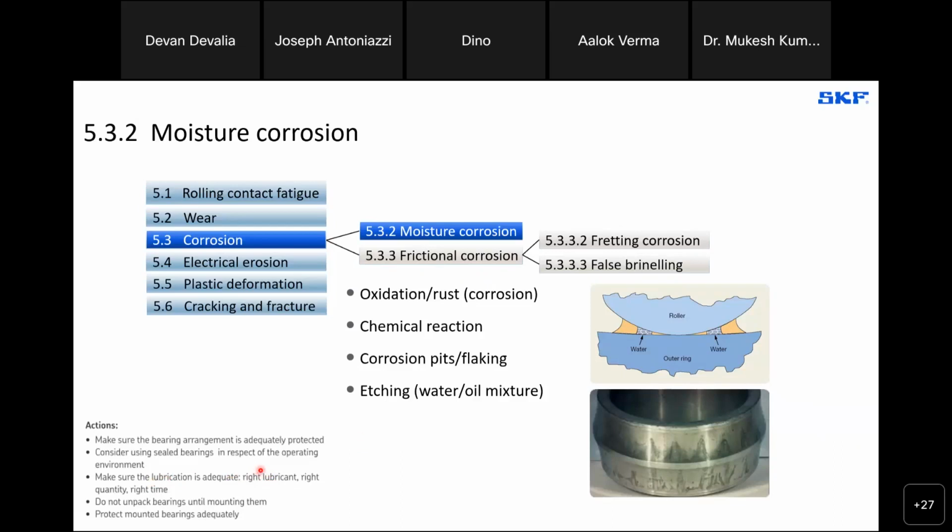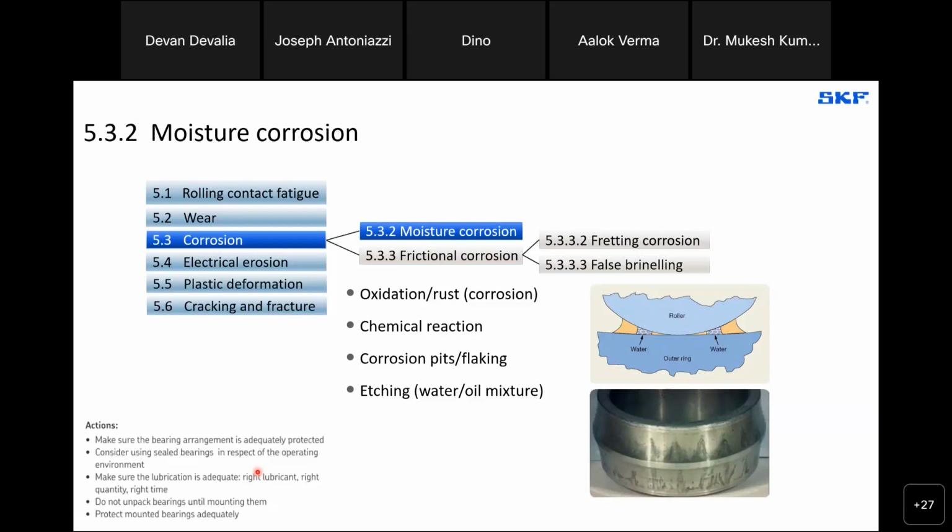You may want to sort out the breather arrangement on your housing. Maybe have a desiccant in the breather to avoid what we call the breathing, when with the heat and then cooling, we might pull in humid air that will cause condensation in the housing.